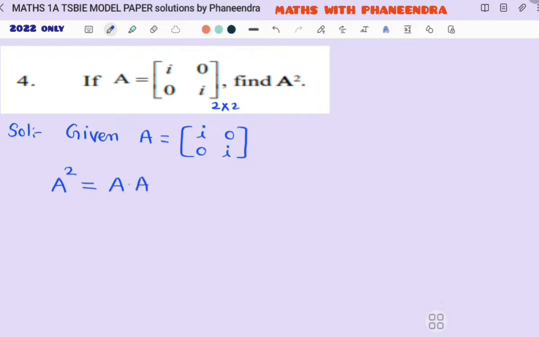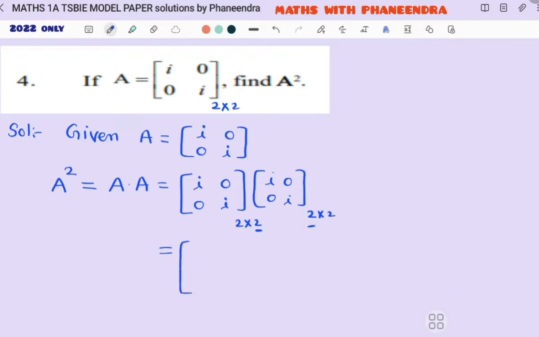A into A. A is [i, 0; 0, i] into [i, 0; 0, i]. When the multiplication is possible, the number of columns in the first matrix should be equal to the number of rows in the second matrix. Then only multiplication is possible.